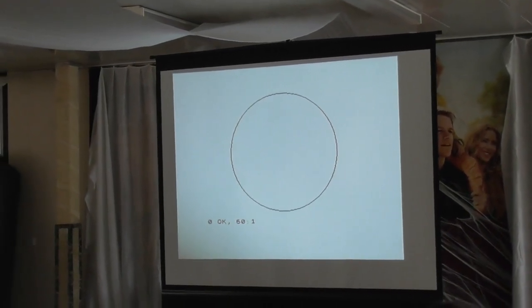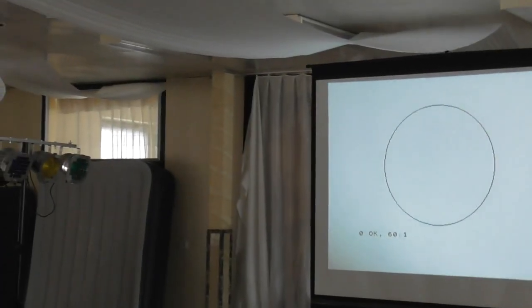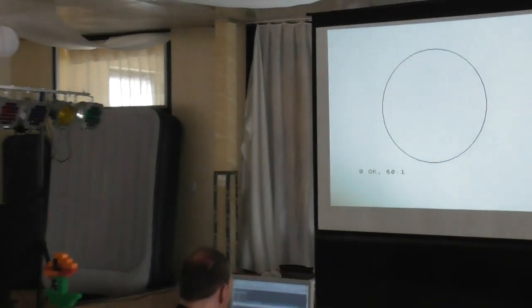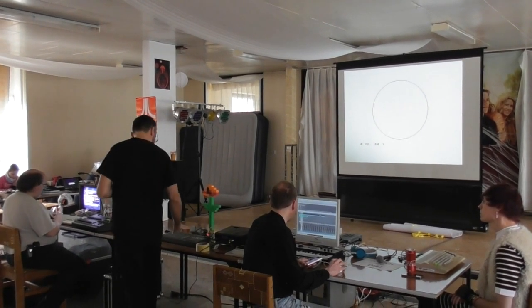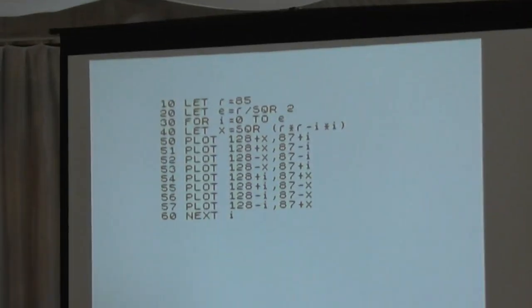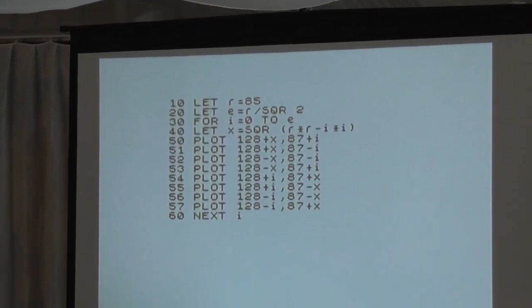And the reason it could be faster is because inside the loop, basically for every 8 pixels, we're calculating the square root. It's right there, line 40, we're calculating the square root. And square roots are usually slow.